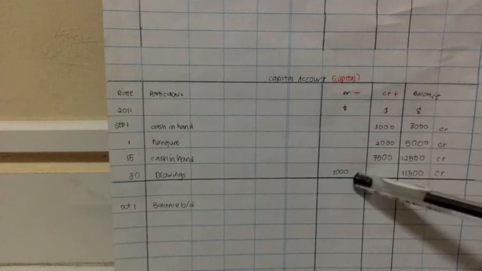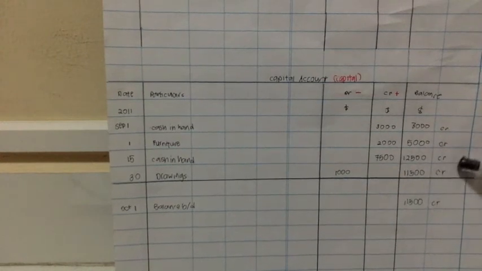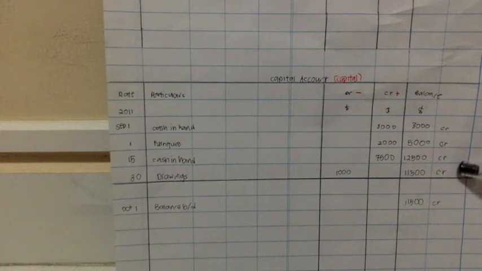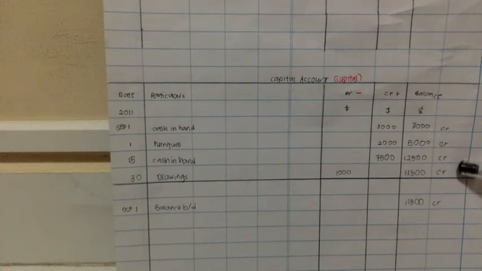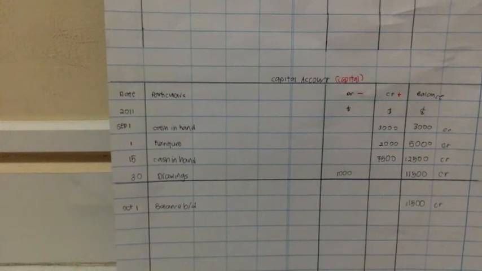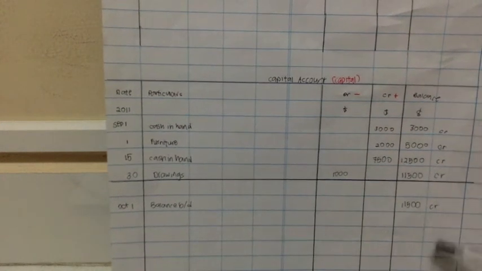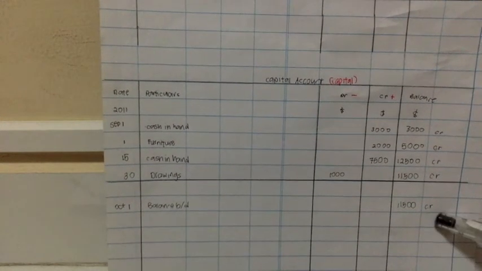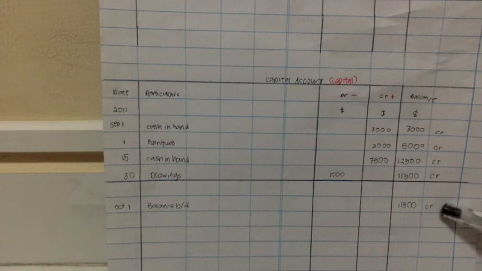So minus 1000. 12,500 credit, you minus away 1,000, will leave behind 11,500 credit. You draw a line to indicate that's the end of the period. And being a capital account, there will be a balance brought down. So on October the 1st, the balance brought down will be 11,500 credit.